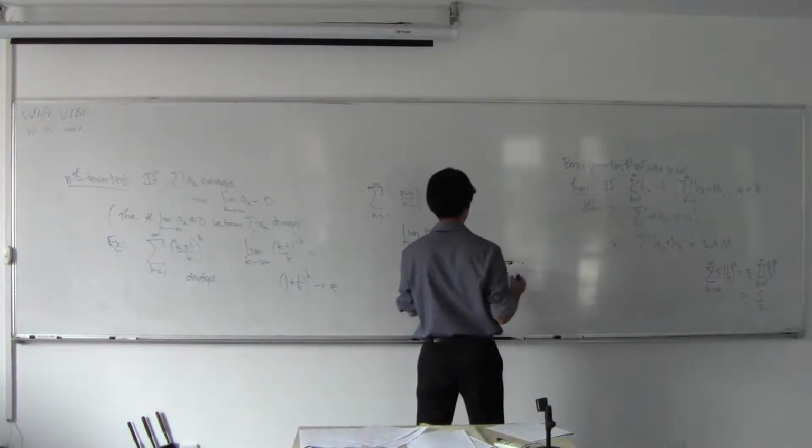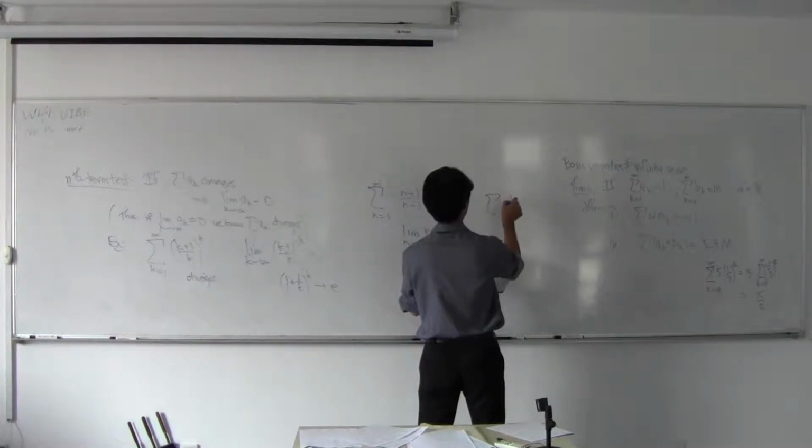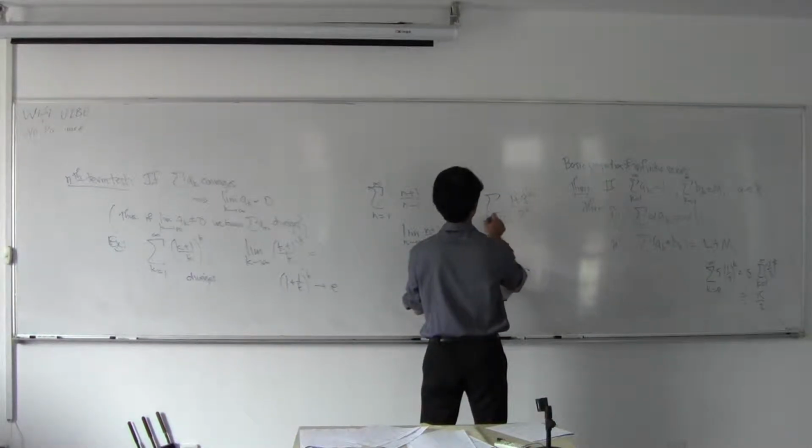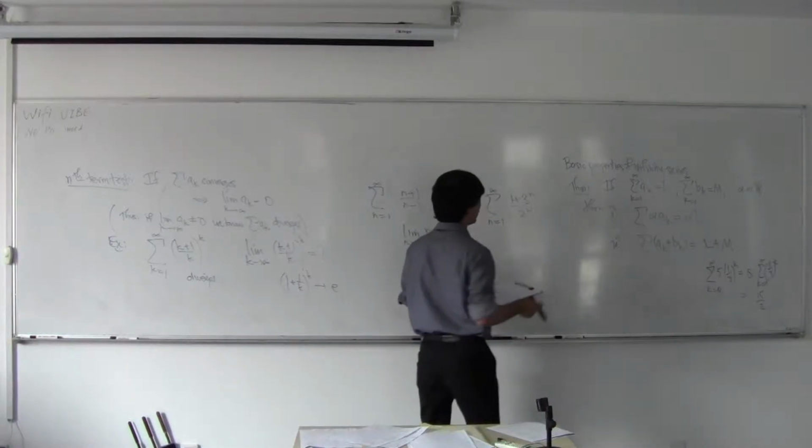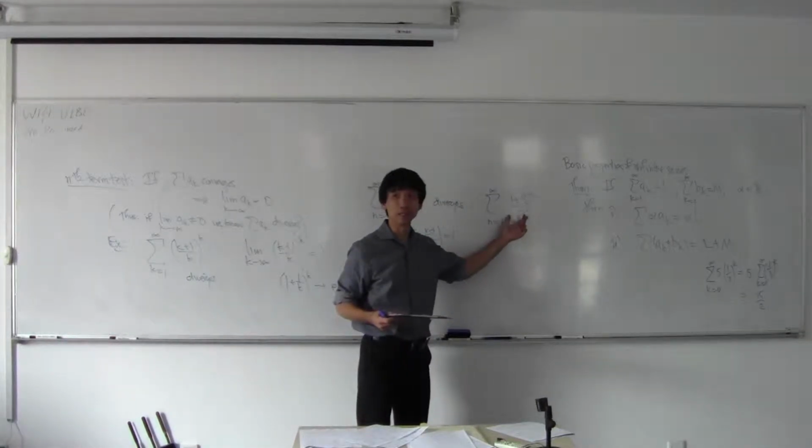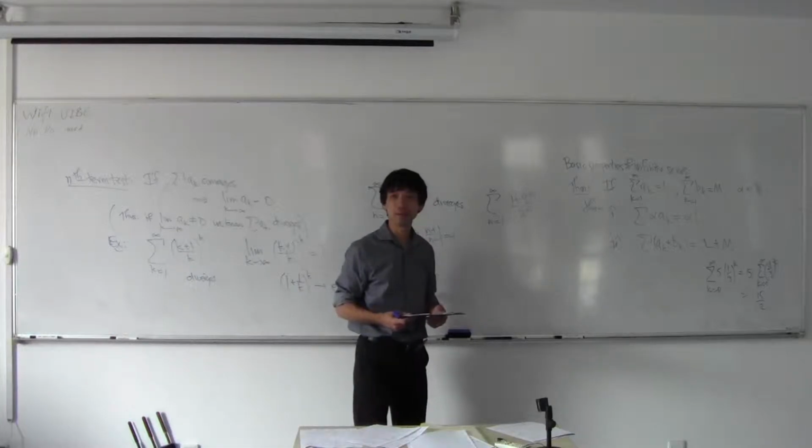What about, these are all sort of easy, I guess, (1 plus 3 to the n) over 2 to the n, as n goes from 1 to infinity. What happens to the nth term? It goes to infinity, right?